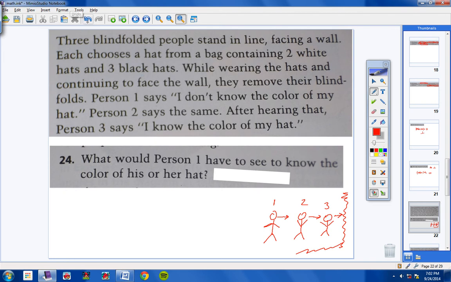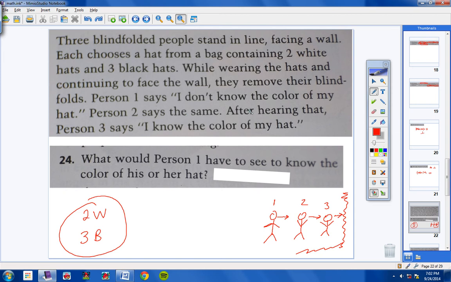So here we go. 3 blindfolded people stand in a line. They're facing a wall. Each person chooses a hat from a bag. So here's the bag. Now, in that bag, there's 2 white hats and there's 3 black hats. Okay, see that? 2 white hats, 3 black hats. While wearing the hats and continuing to face the wall, they remove their blindfolds.